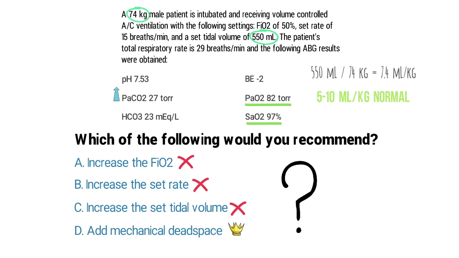But of course, not only that, you can also increase the amount of dead space, which will increase the PaCO2 value as well. So by using the process of elimination and breaking it all down, we could determine that the correct answer has to be D. Add mechanical dead space.